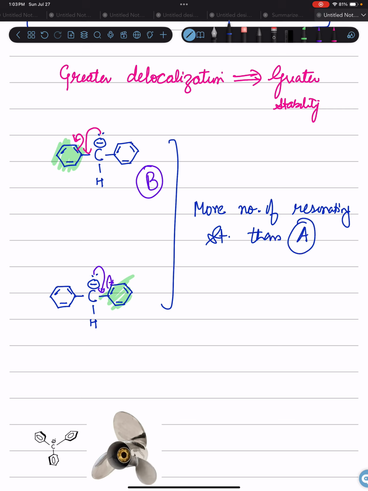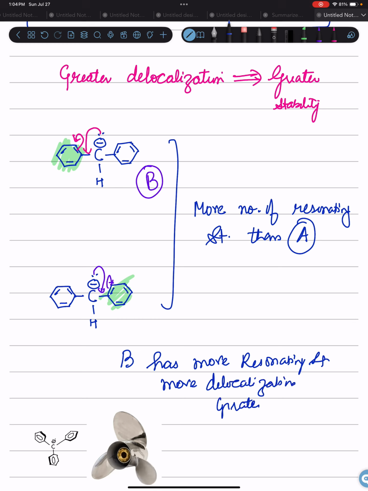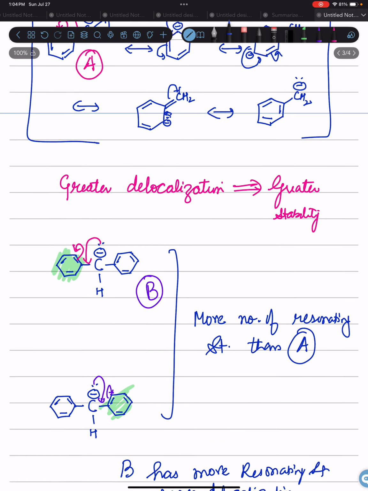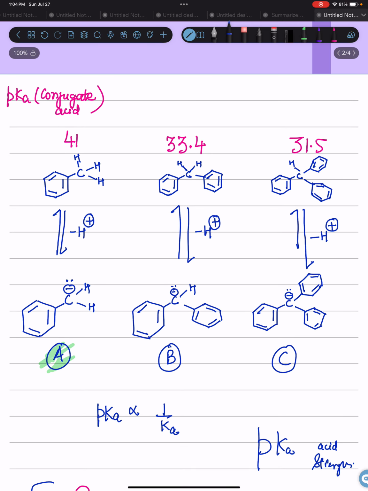So B has more resonating structures, more delocalization, greater stability than A. It means B is more stable than A. So if B is more stable than A, then this equilibrium for the second one would be more towards the product side as compared to the reactant side.